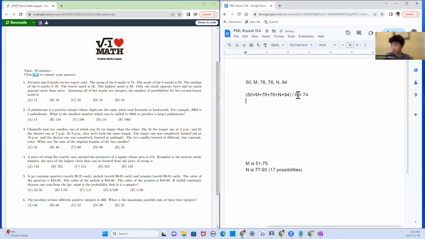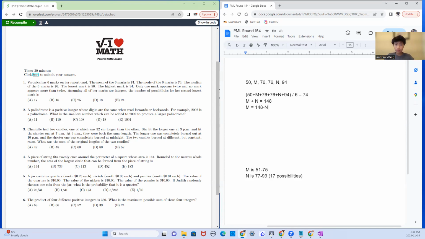So we reverse it: you solve this equation, you move the divide by 6 to the other side, and you end up getting M plus N equals 148. And you will get that M equals 148 minus N. So now we know the pattern between M and N.